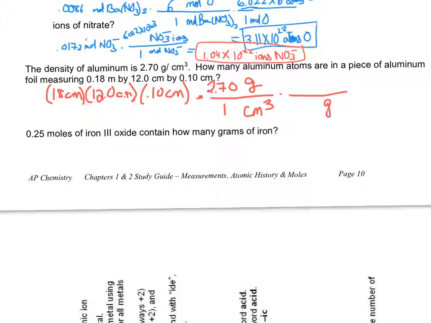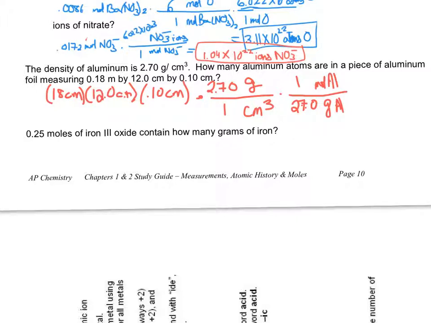So I'm going to put grams of my aluminum here, moles of aluminum here, and the molar mass of aluminum is 27.0. So 1 mole is 27.0 grams. At this point, my grams cancel and I end up with moles.